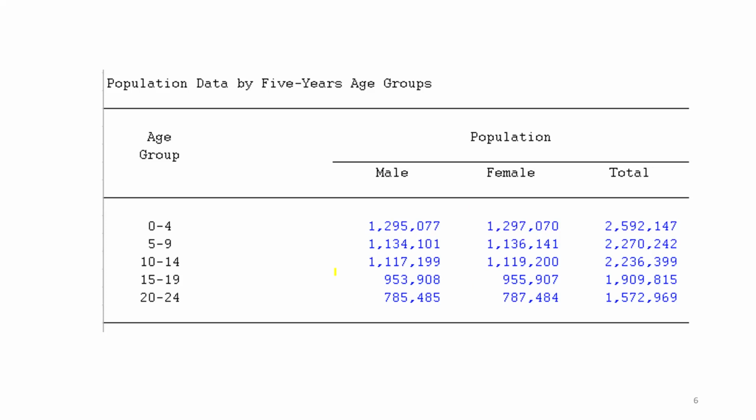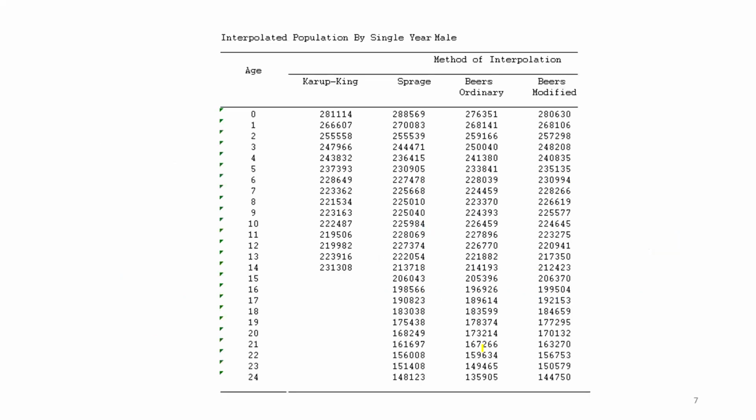So I think now you know about that part. Now I am moving to the way of constructing single-year age distributions. Here I have 5-year age groups, from 0 to 24, as an example. You have male population, female population, and the total. So let's see how to use that.